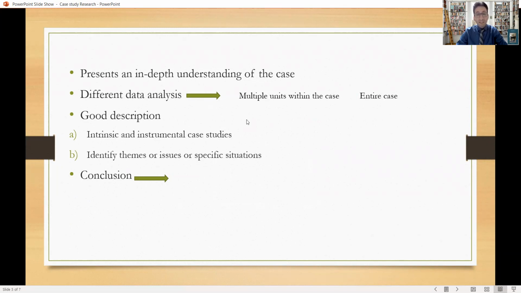A complete finding of the case study would then involve both of them. I mean, both a description of the case and themes or issues that the researcher has uncovered in studying the case. Lastly, we have the conclusion, which is about the overall meaning derived from the case.